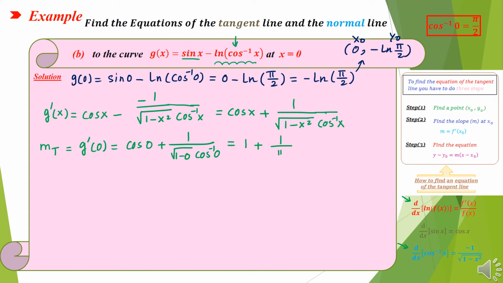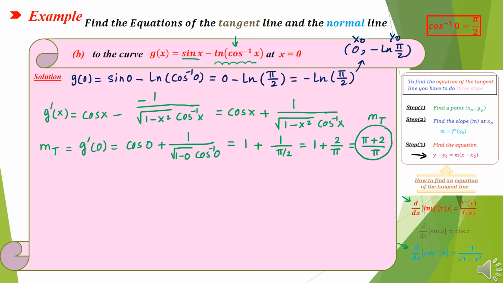It will be pi over 2. So finally we have 1 plus 2 over pi, and if you rationalize the denominator, you will get pi plus 2 over pi. So this is the slope of the tangent line, and now you have to go to the next step.